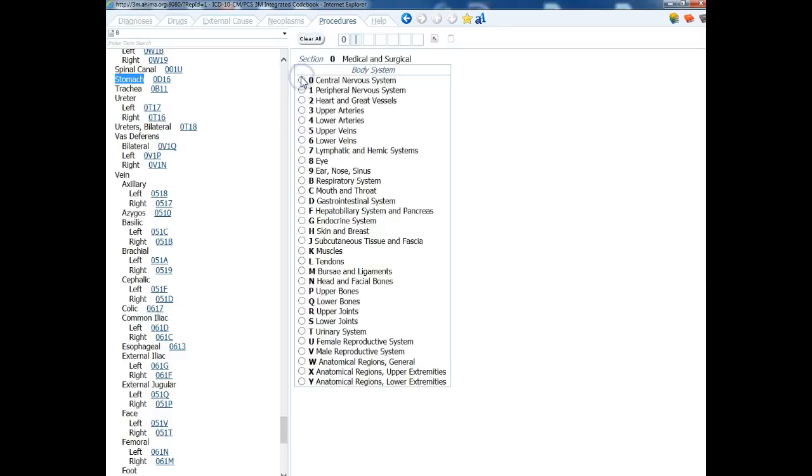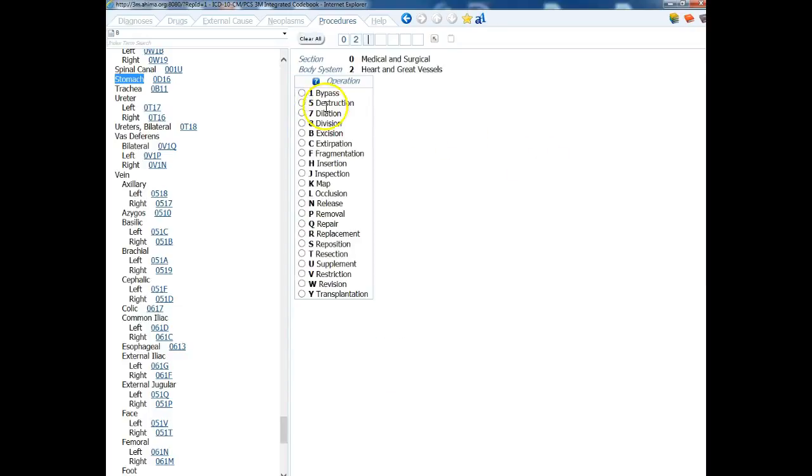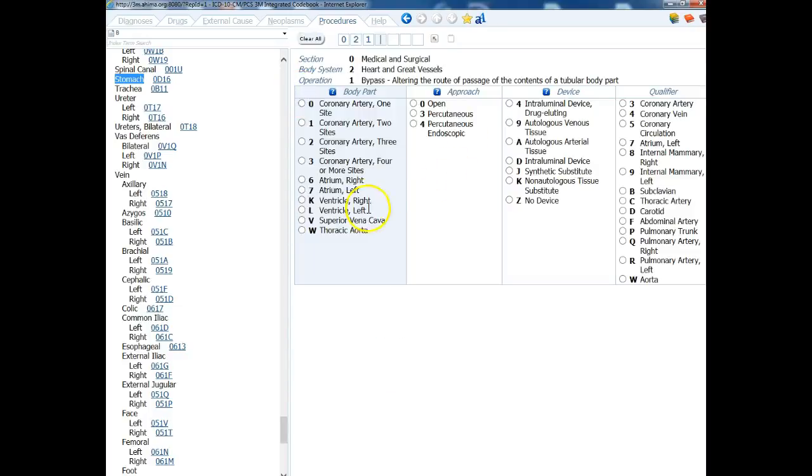So for instance, when I go into medical, surgical, and then heart and great vessels, you will see that I have coronary artery 1 site, 2 sites, 3 sites, 4 or more sites. I do not have a body part for a specific coronary artery. It's based on the number of sites that were treated. How many bypasses did this patient have?